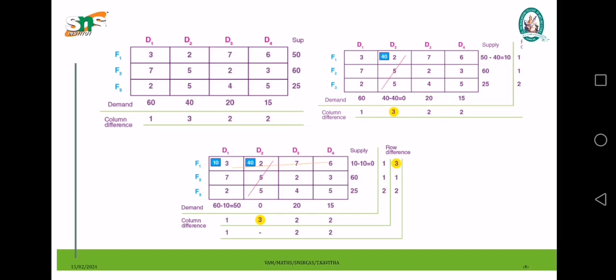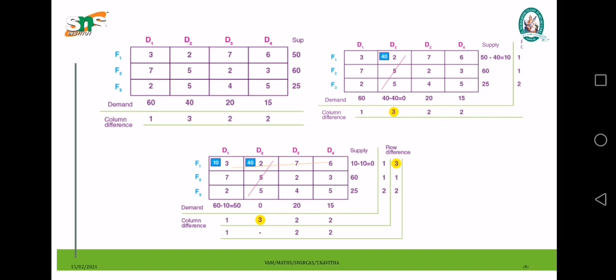Again we find the differences for the reduced table. The table is D1, D3, D4 and F1, F2, F3. Minimum of first row is 3, second row is 1, third row is 2. The column differences are: first column D1 is 1, and D3 difference is 2 and D4 difference is 2.